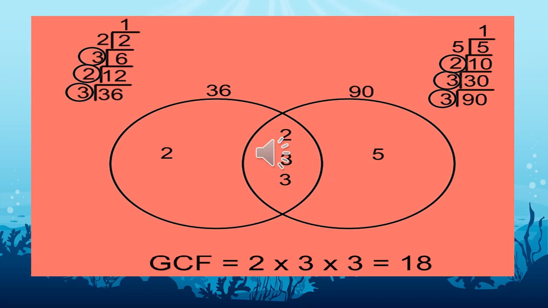After plotting, we found out that the common factors of 36 and 90 are 3, 3, and 2, and by multiplying 3, 3, and 2 we get 18. Hence the GCF of 36 and 90 is 18.